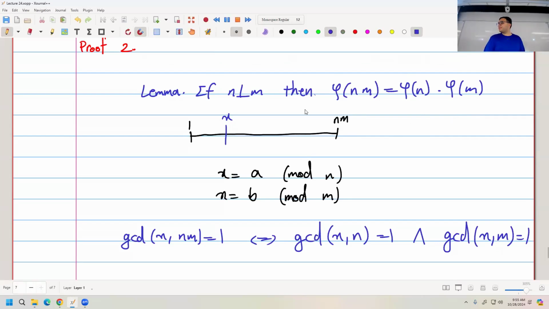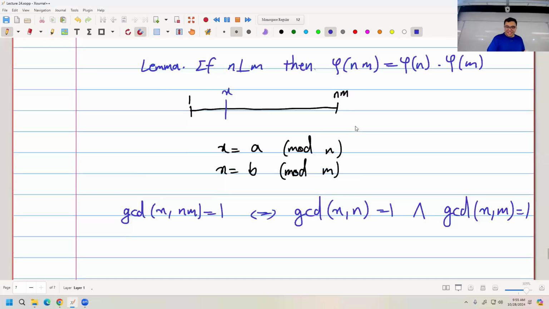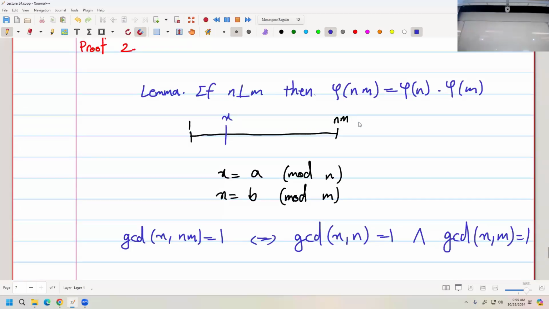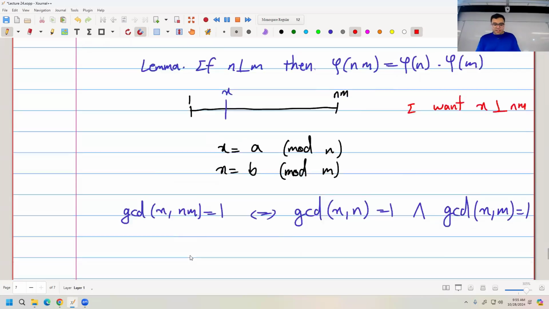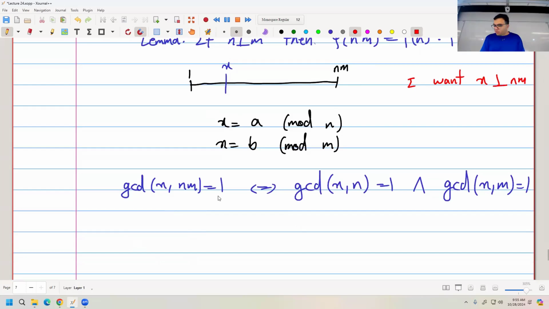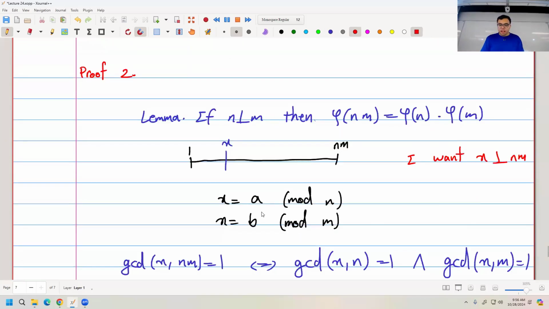Okay. Should I do it again? Look, I want to find all the x's between 1 and nm that are relatively prime to nm. What does that mean? That means that the GCD of x and nm should be 1, which we said is the same as GCD of x and n being 1 and GCD of x and m being 1.